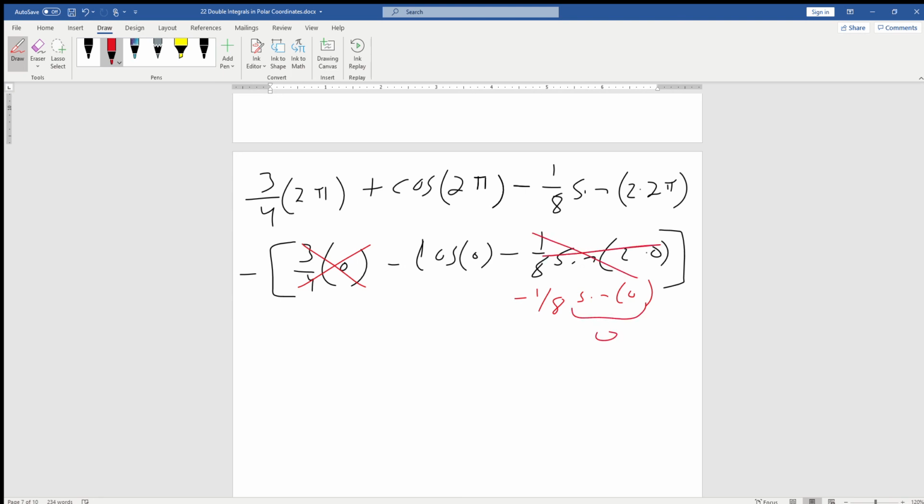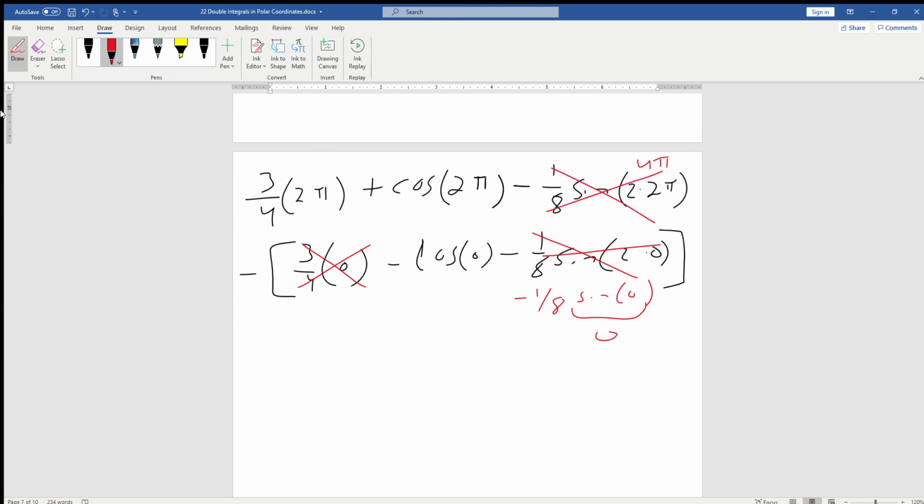Another thing that's going to go away is the minus 1/8 sine of 2 times 2 pi. Remember that 4 pi is 2 complete revolutions, which means it's coterminal with 0 radians. So this is going to go away as well.